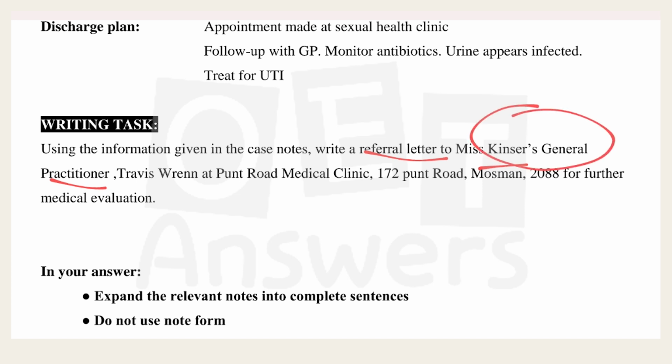There you can see apostrophe S, so you can identify what type of case we have, right? Then the general practitioner's name is Travis Wren at the Pont Road Medical Clinic, 172 Pont Road, Mosman, for further medical evaluation. So you almost got the point in the writing task.